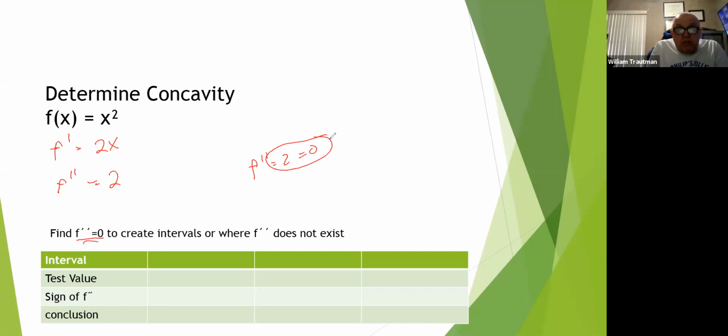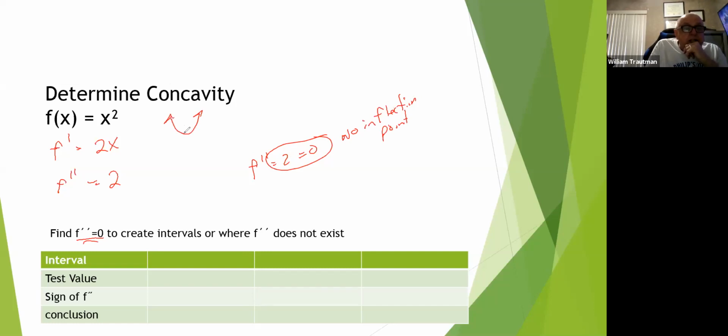So there's no inflection point, because there's no way of changing 2 to 0. There's no x's left.